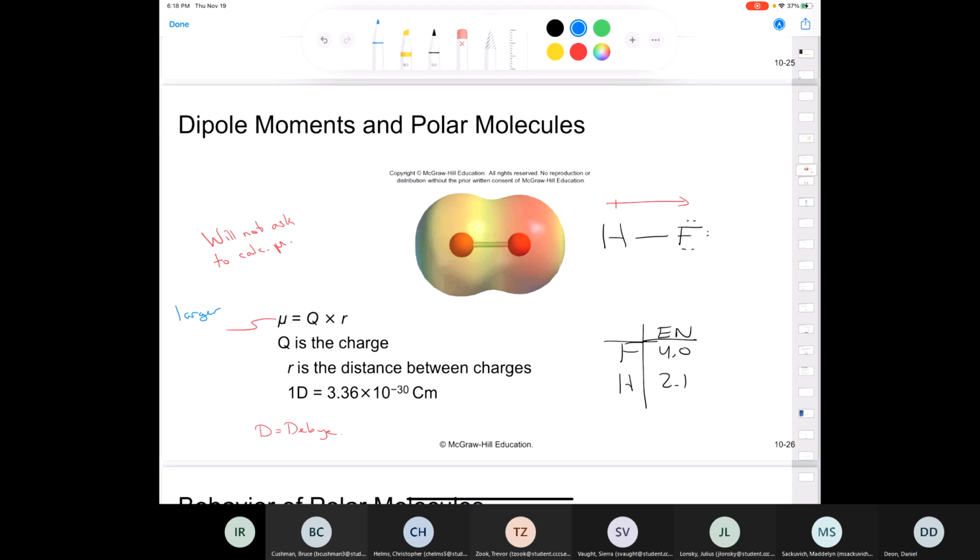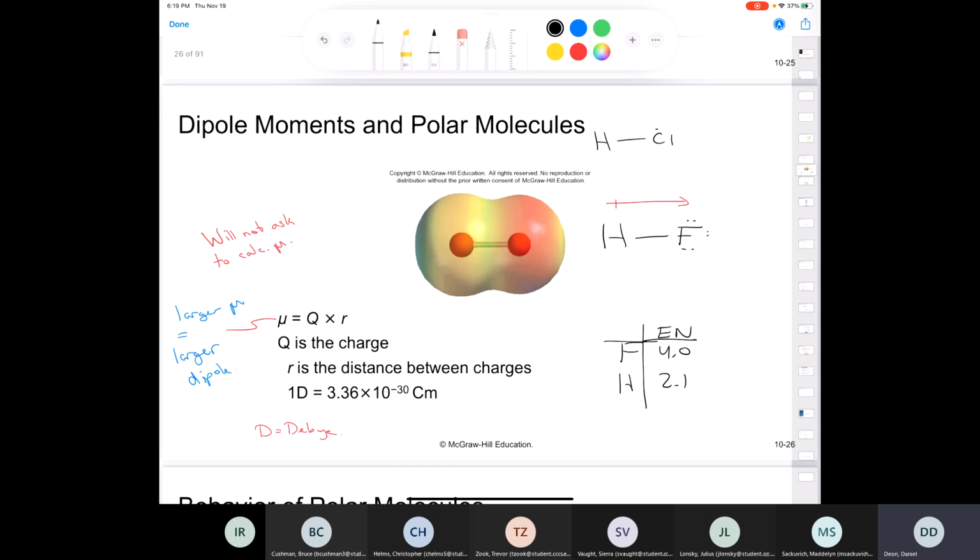Larger mu equals larger dipole. If you're wondering what I mean by a larger dipole, let's look at a different molecule than HF. What if I have HCl?